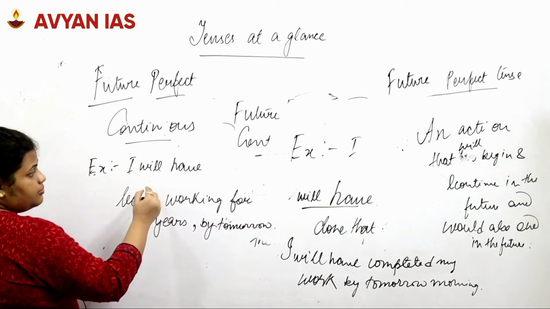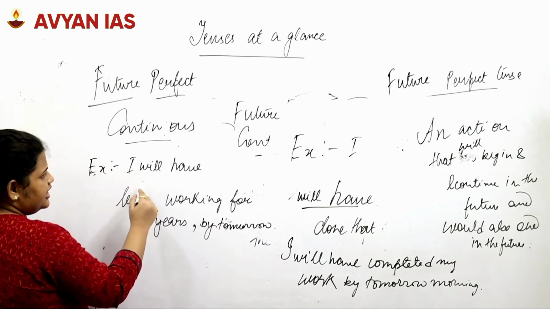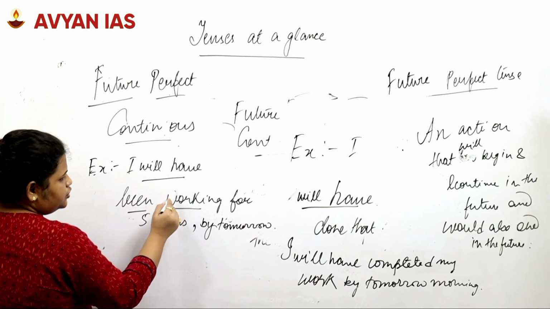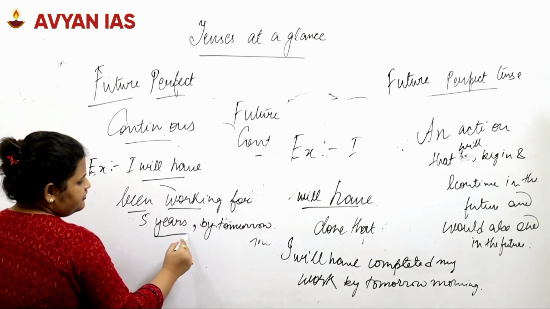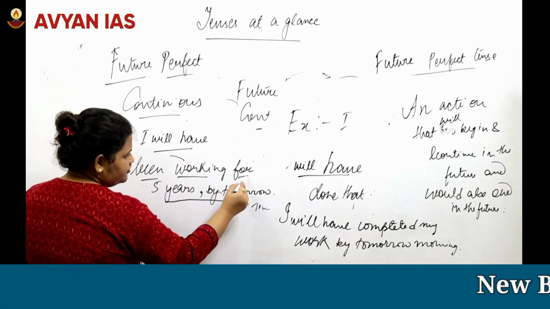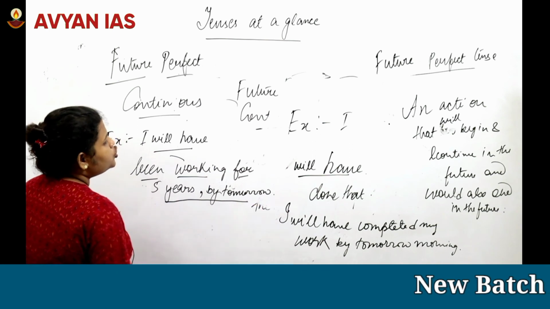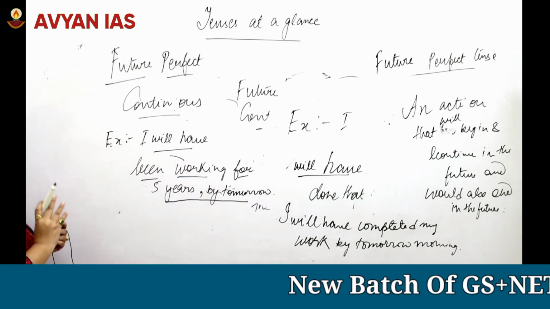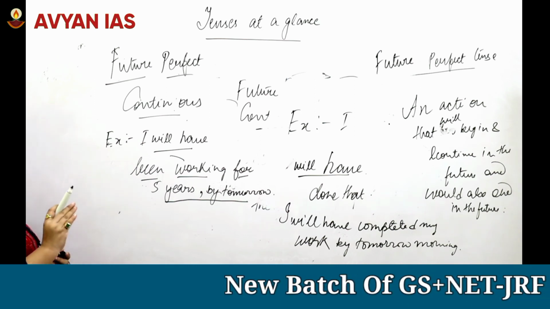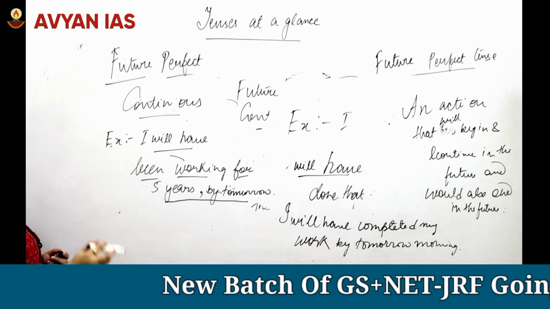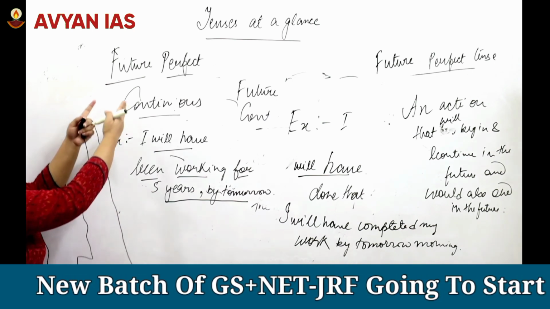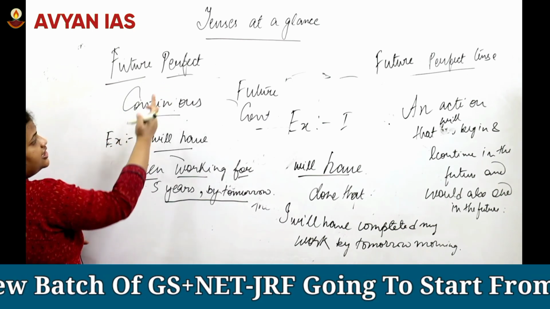So you are talking about an action that had begun and is continuing. Will have been working is your continuous, for 5 years, by tomorrow. So it means that the action which had begun in the past has continued over a certain point of time and is still continuing in the future, and that is why it is a future perfect continuous.